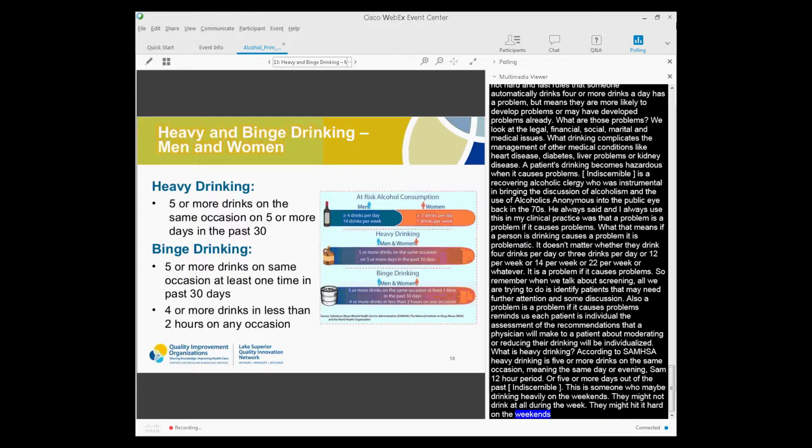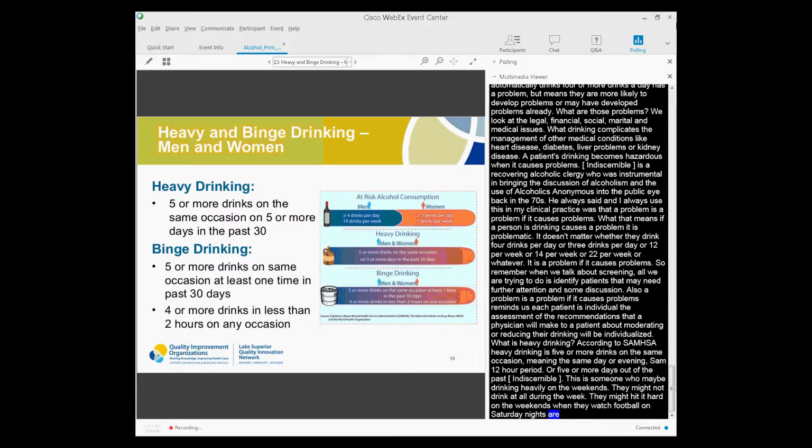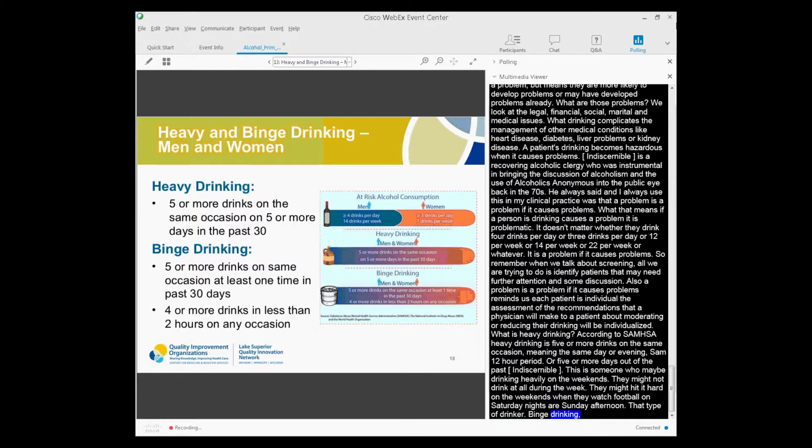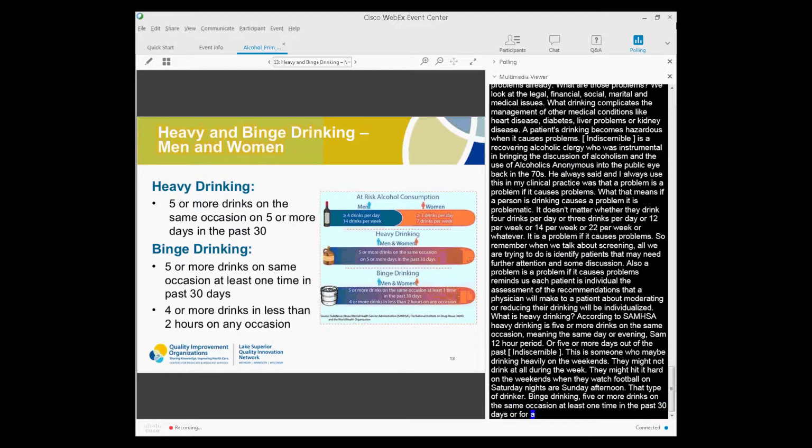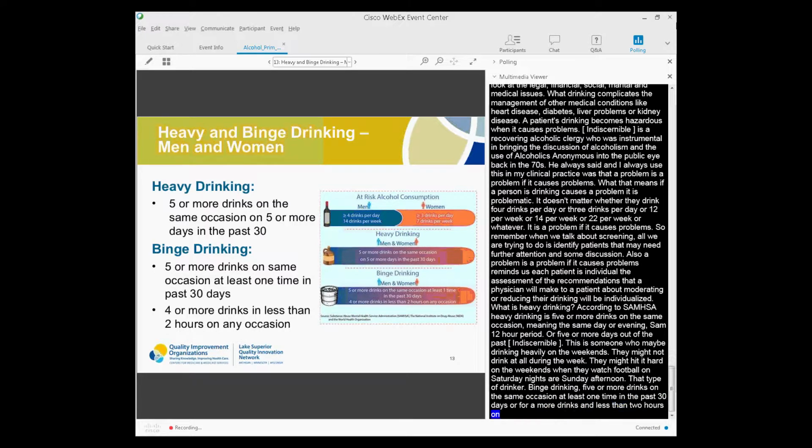Binge drinking is really similar, as you can see. 5 or more drinks on the same occasion at least one time in the past 30 days, or 4 or more drinks in less than 2 hours on any occasion. Again, these are just general guidelines, and the difference between binge and heavy is not significantly different.